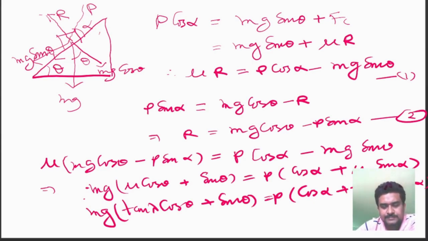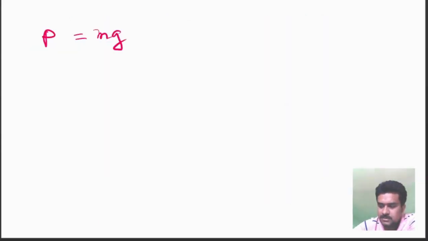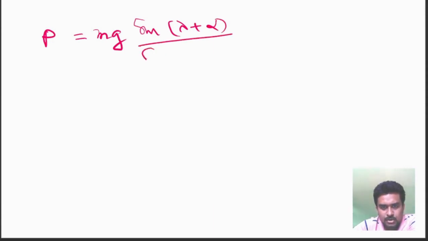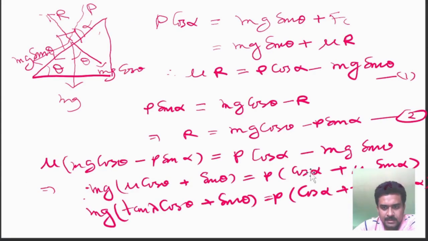So in that way, P is mg sin (lambda plus theta) divided by cos (alpha minus lambda).